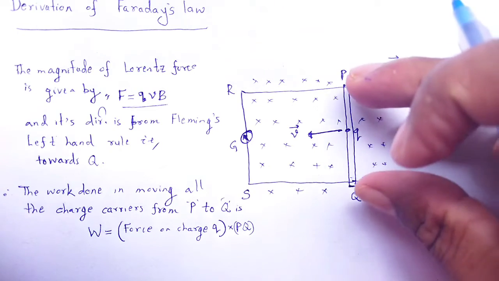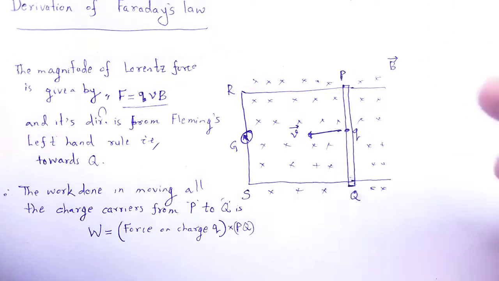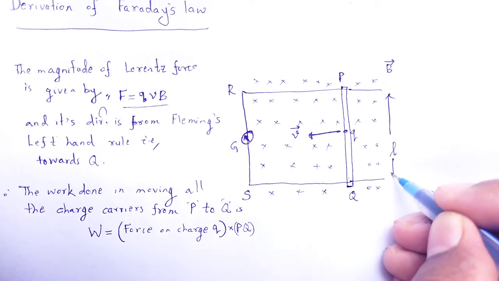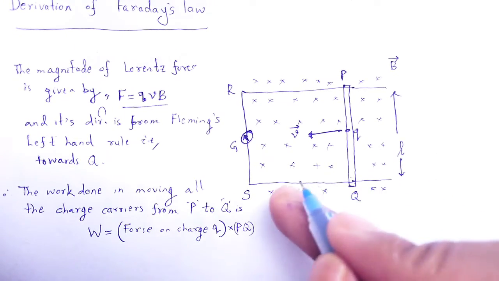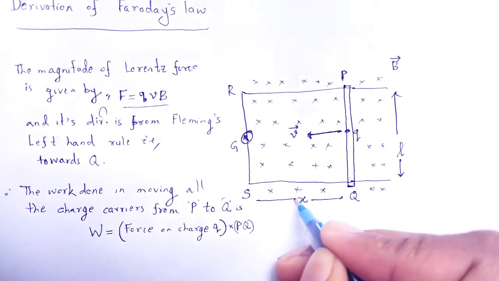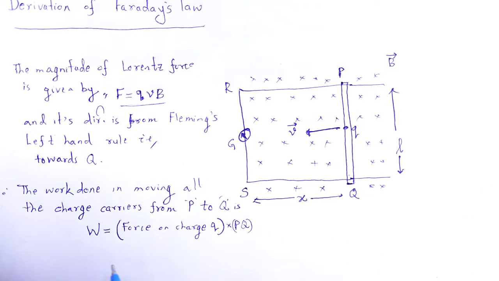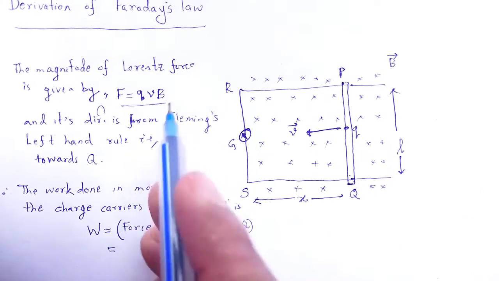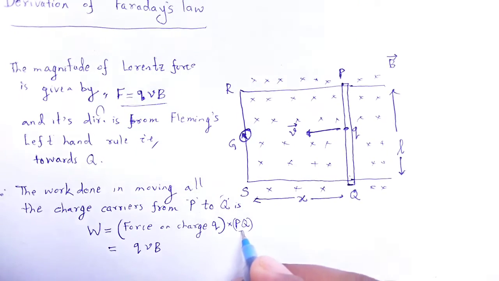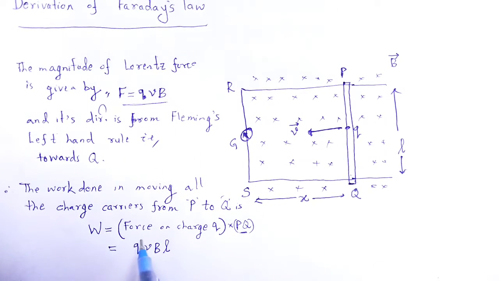Look here, the length of that conductor is small l, and that one is at a distance of x from that segment. Force Q V B, length of PQ L, that will be the work done.